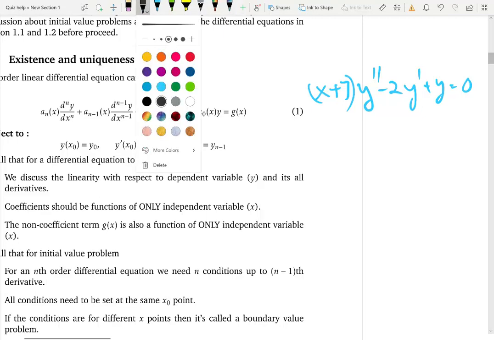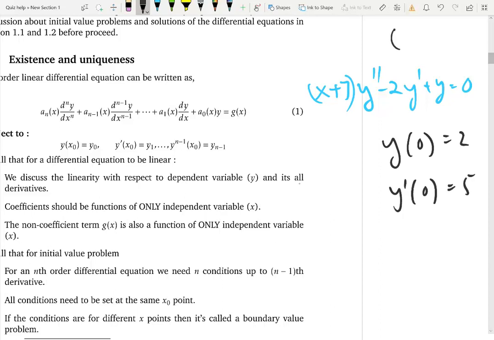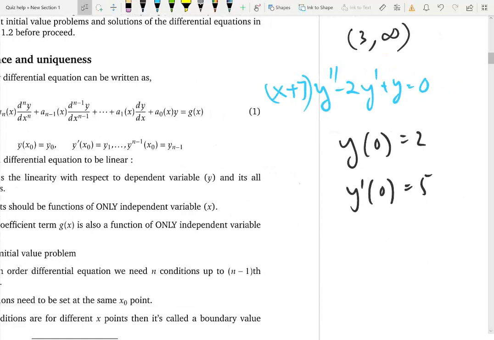So let's write some initial conditions here. y of 0 is 2, y prime of 0 is 5. And let's pick an interval, 3 to infinity. Now the third condition says your initial x point, which is what? Which is 0, right? Is it inside 3 to infinity?